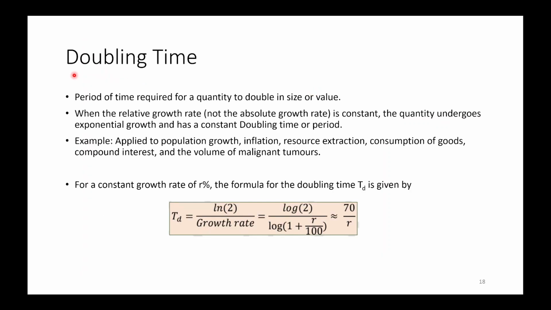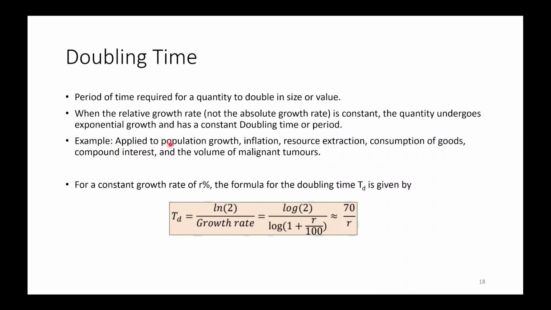Now the concept of doubling time. It is the period of time required for a quantity to double in size or value. When the relative growth rate, not the absolute growth rate, is constant, the quantity undergoes exponential growth and has a constant doubling time or period.